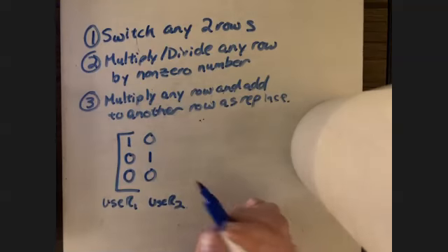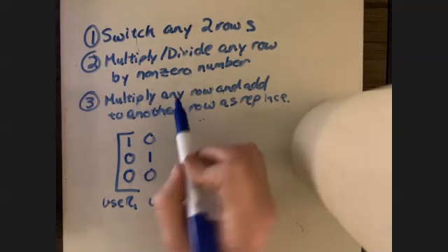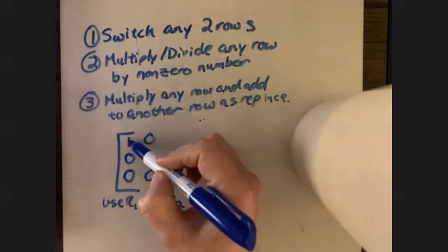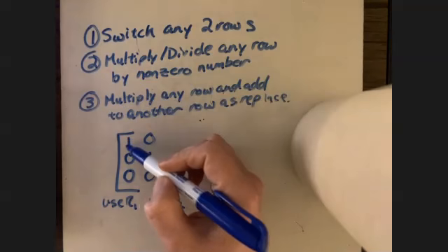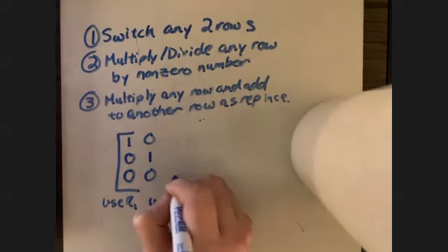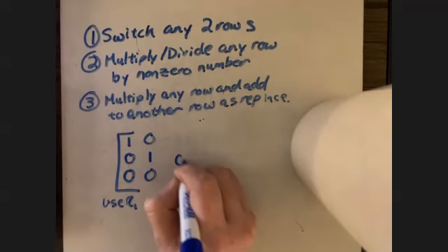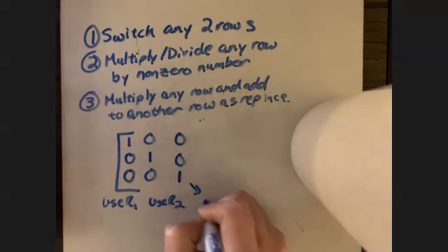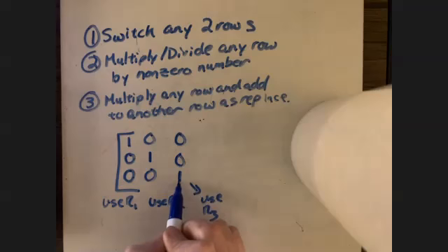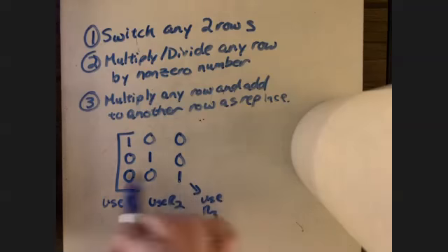Now, the reason you want to do this is where we're going to use that multiply any row and tack it on. Anything times 0 plus 1 is still going to give me the 1, and anything times 0 plus any zeros here. So it's very key that we do this. Then we're going to get a 1 in that bottom corner, and we're going to use row 3, and this is the notation, R with a little subscript, to make the zeros happen above it. And then we're going to have a solution.